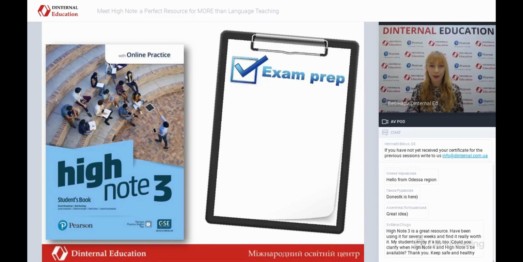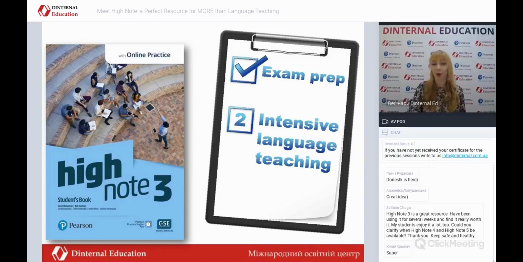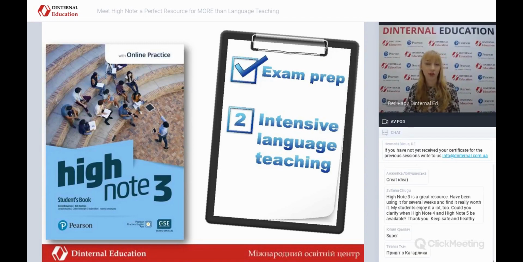Number 2, for me, again, as an upper secondary school teacher, will be language teaching and intensive language teaching. Because if we talk about High Note, this is a resource to be used in a specialized school. It really requires at least 4 or 5 hours per week because of how much there is in the book and how high the level of each book is.